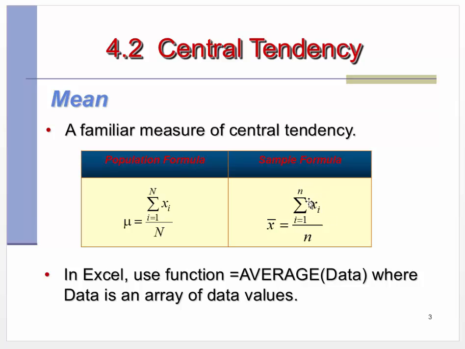And then with the sum, you divide that by n, the number of observations, and you get your sample mean. In Excel, you can use the function AVERAGE and the data range. That will give you the mean or average. That's the first measurement used to calculate the central tendency.